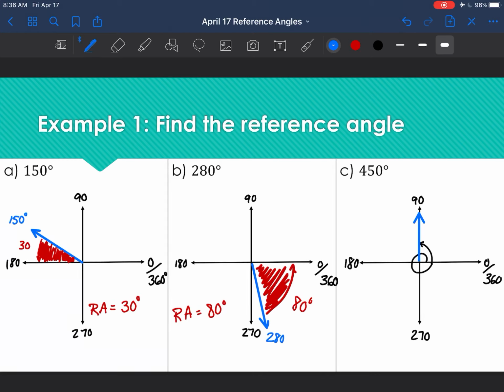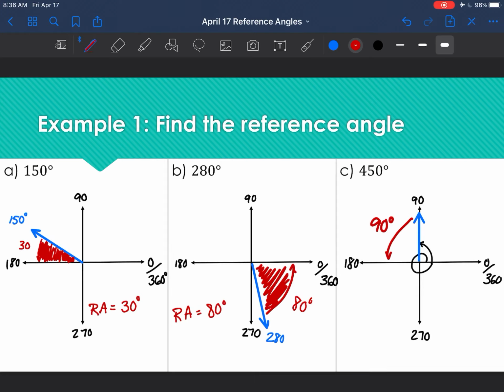Now we just need to find the reference angle. Just remember, it's always how you get to the x-axis. Now there's two ways to get to the x-axis from here. You could keep rotating in this direction, to get to the 180. How many degrees would that be? Well, that would be, what, 90 degrees? Because you're at 90 and you're going to 180.